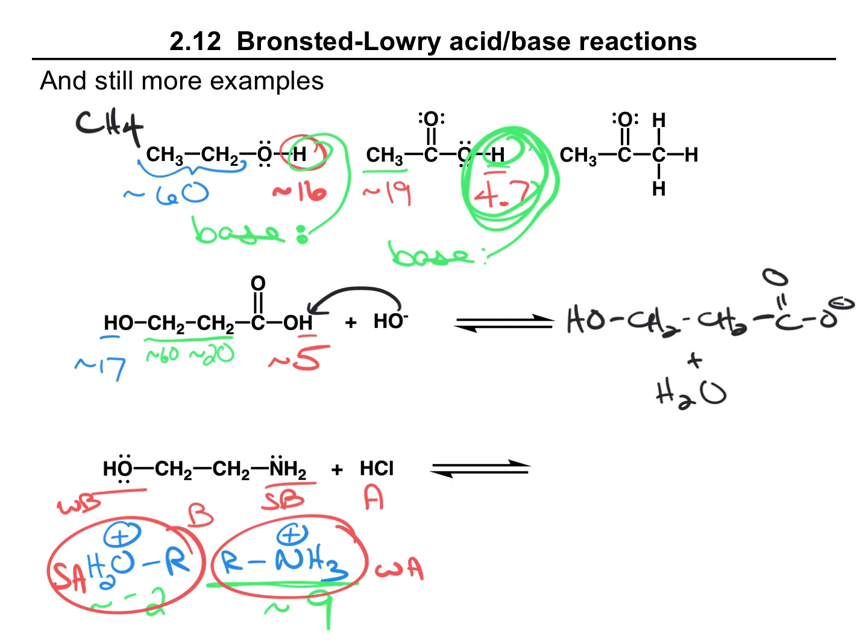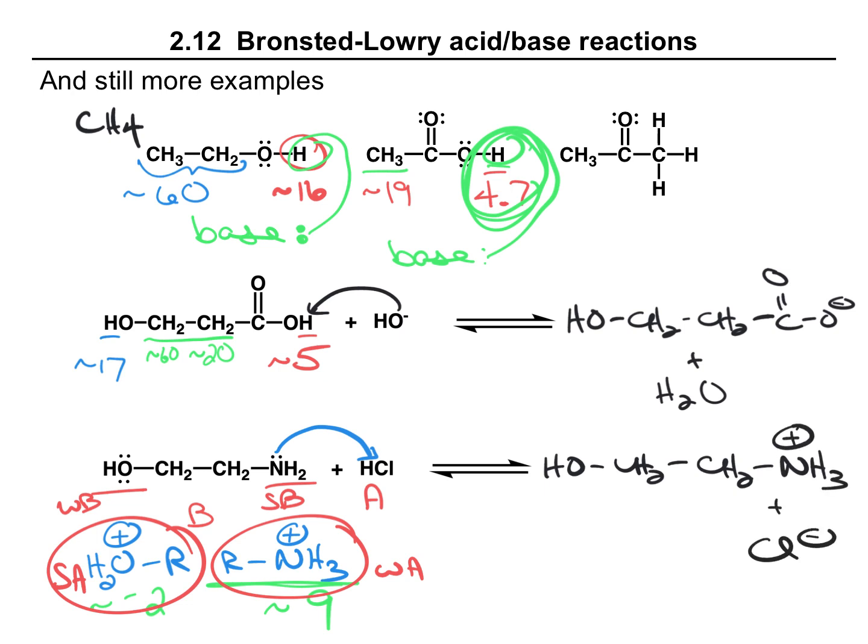So, although we have two potential bases in this molecule, the stronger base is the one that is going to react. This base grabs off a proton, and that will give us HO, CH2, CH2, NH3 plus, and Cl minus.